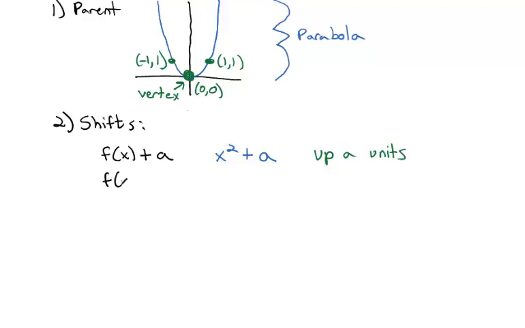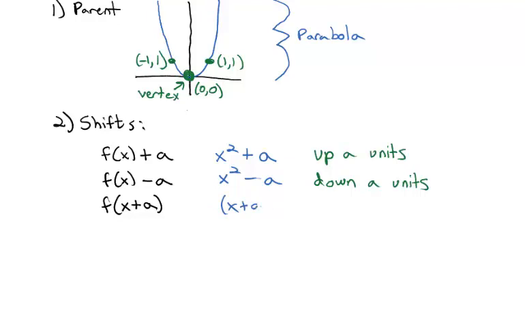Similarly, if we took f of x and subtracted a, in the case of our parabola that would be x squared minus a, and that's going to move us down a units. You should also know that if we add a inside the function, it's not x squared plus a, sorry, it's going to be x plus a, the entire thing squared.